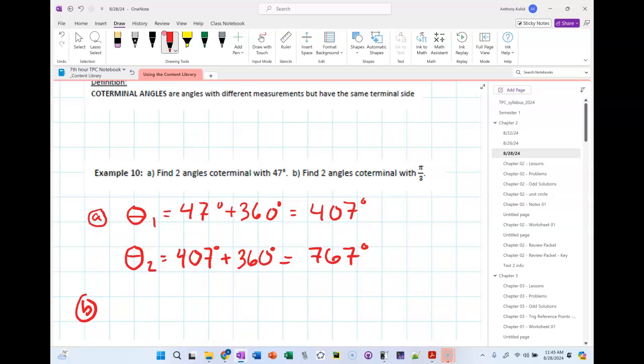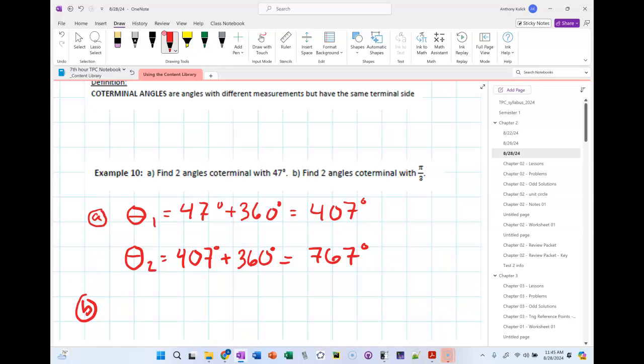What's pi over 3? It's just an angle in radians, right? So if I have an angle in radians and I want to find an angle coterminal to it, can I add 360 degrees to an angle in radians? No, because the units don't match. So what I need to do is start by figuring out, well, how many radians is 360 degrees?